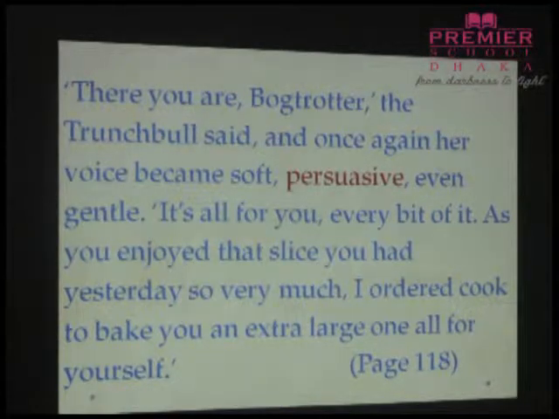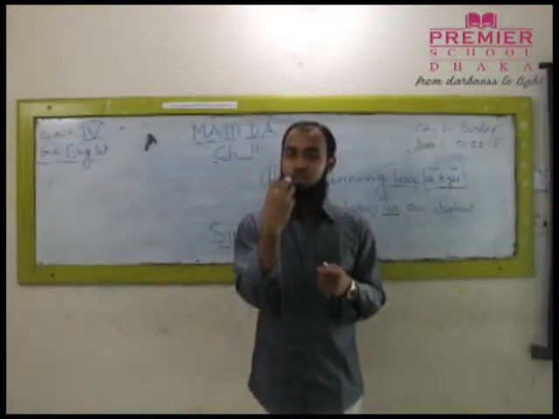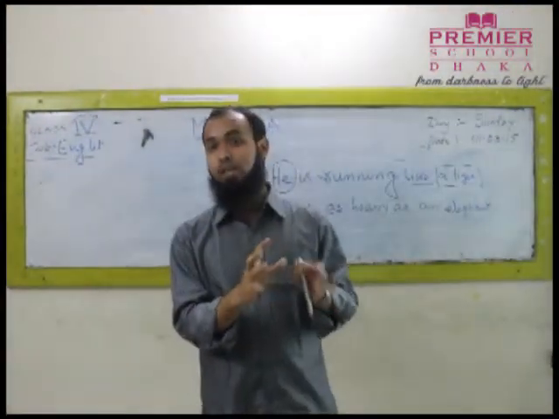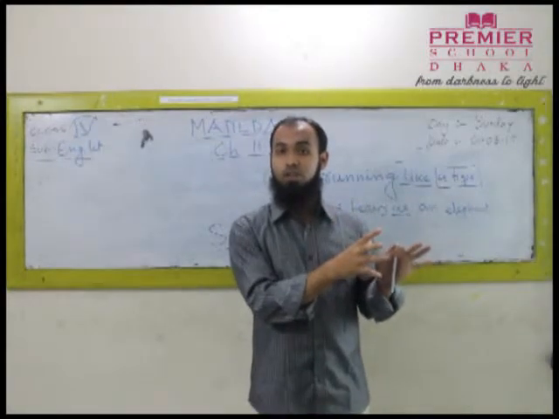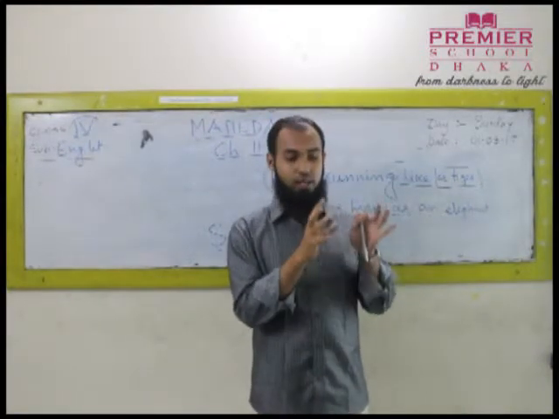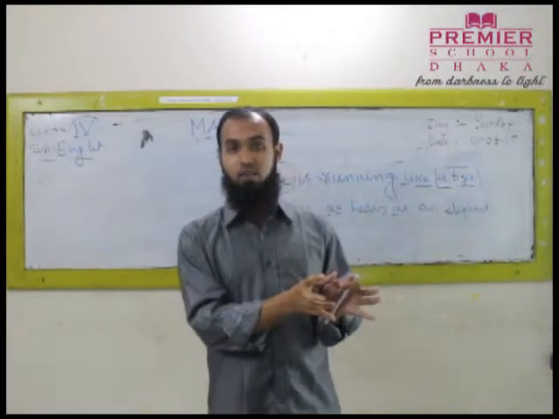She says, "It's all for you, every bit of it. As you enjoyed that slice you had yesterday so very much, I ordered cook to bake you an extra large one, all for yourself." So she is using her tone. Now her voice is very soft, very gentle, very persuasive, not threatening, not shouting, so that Bruce Bogtrotter would eat the whole of the cake, right?